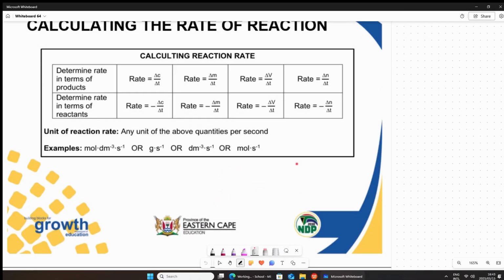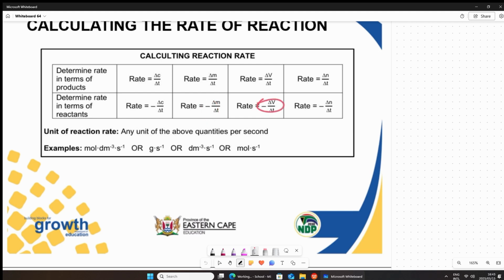Remember, delta means change, and change is always final minus initial. Therefore, the minus sign is to cancel the negative number you would get there, so that your rate does not become negative. We include the negative sign in our calculations if the rate was measured using a reactant.